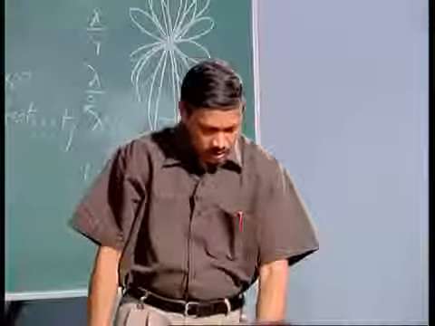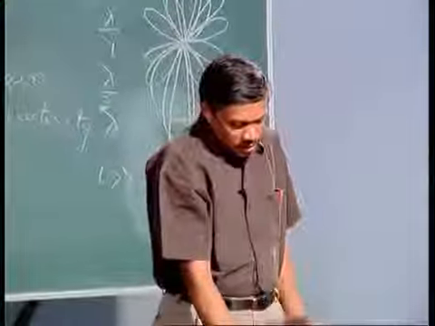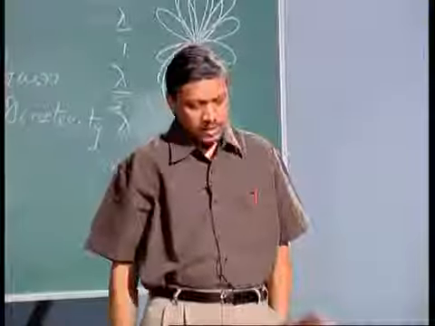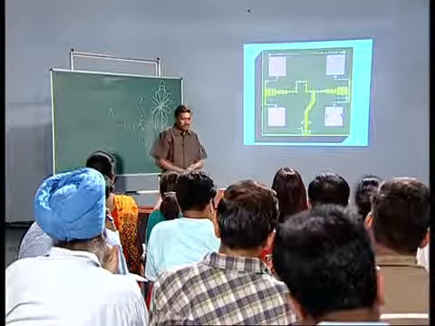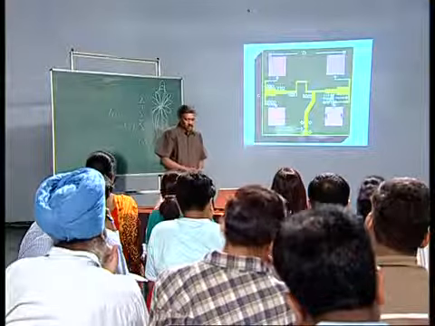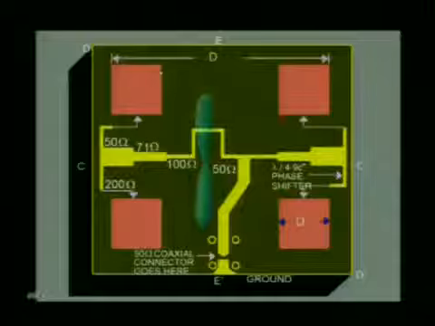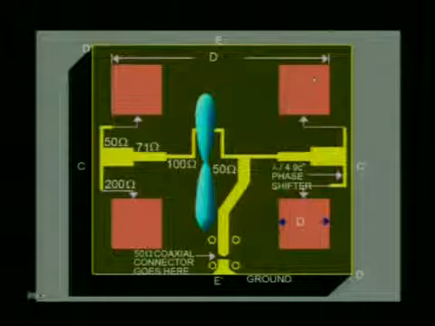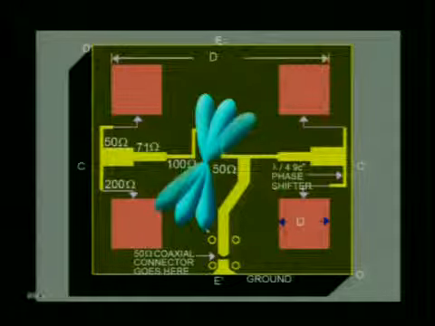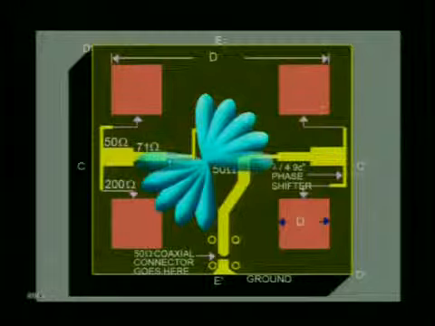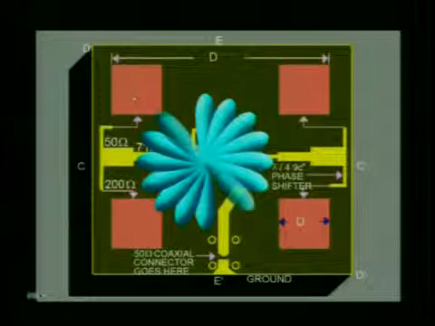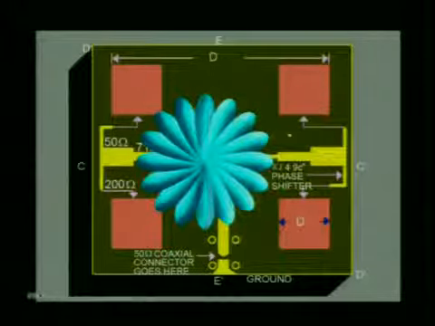Now, let us look into this particular situation. These are individual antennas. I am showing you here 4 patches. This is a microstrip antenna, this is one microstrip antenna, this is another, and like that.